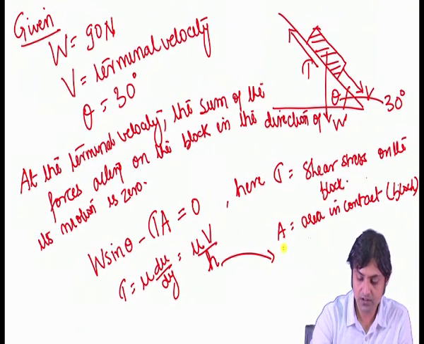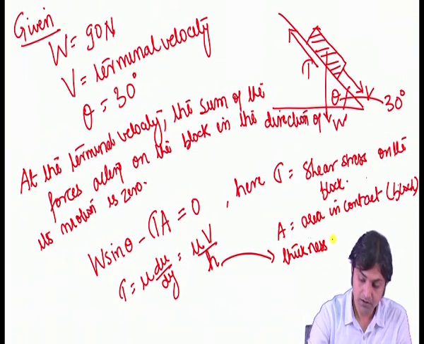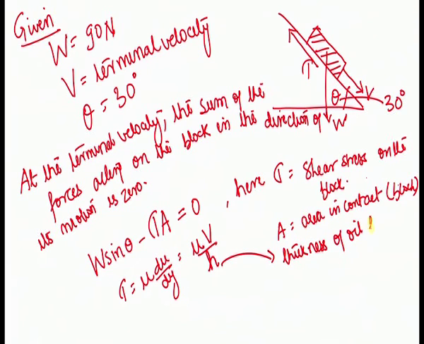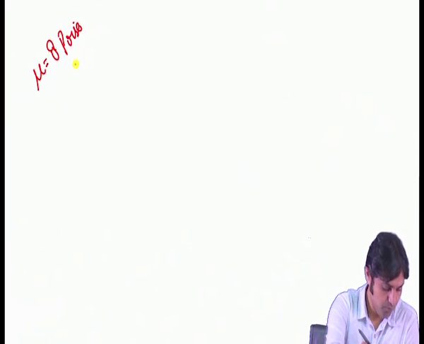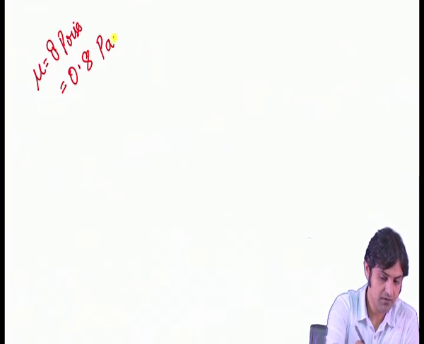So h is the thickness of the oil film. Mu is given as 8 poise, or in terms of Pascal second, so resuming, mu is 8 poise and in terms of Pascal second is 0.8 Pascal second.